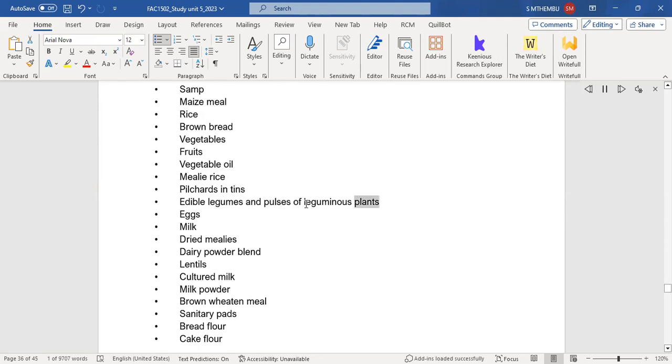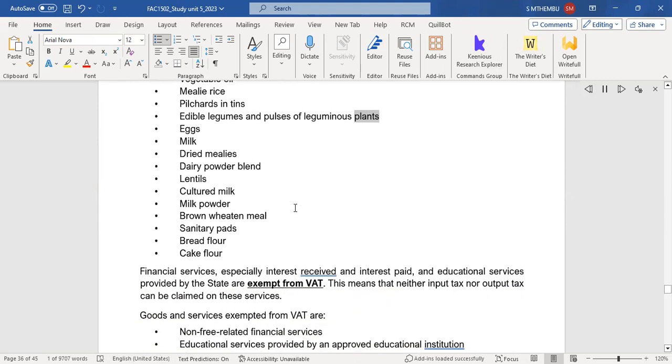Edible legumes and pulses of leguminous plants. Eggs. Milk. Dried mealies. Dairy powder blend. Lentils. Cultured milk. Milk powder. Brown wheaten meal. Sanitary pads. Bread flour. Cake flour.